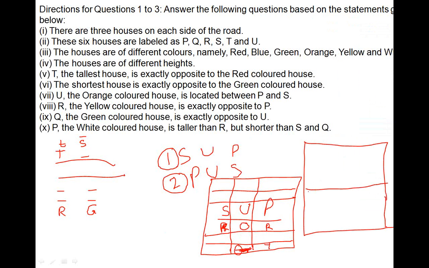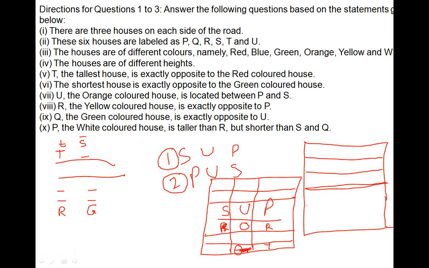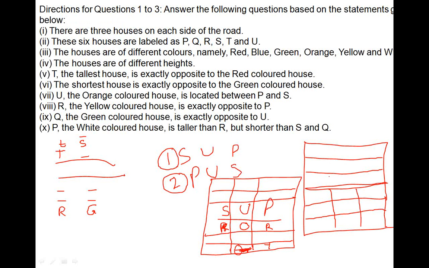This is the road, okay? And the first row we'll put in colors, second row height, third row as column. Similarly, first row name, second row height, and third row as color. Now we are dividing it into 3 parts, okay?